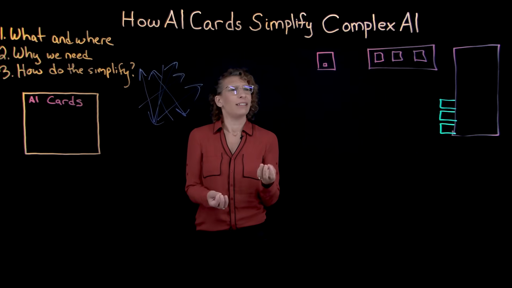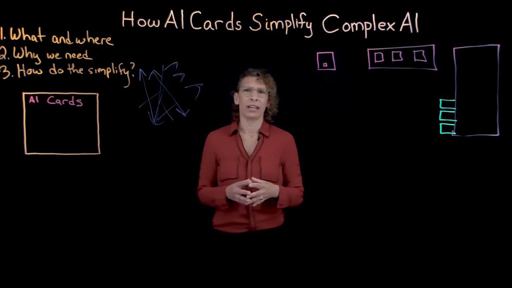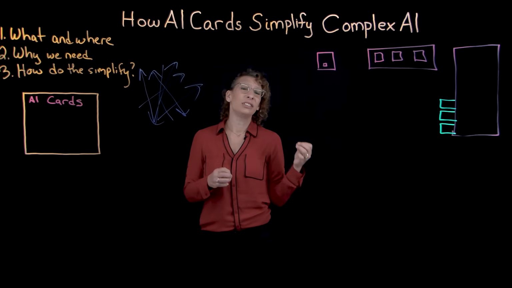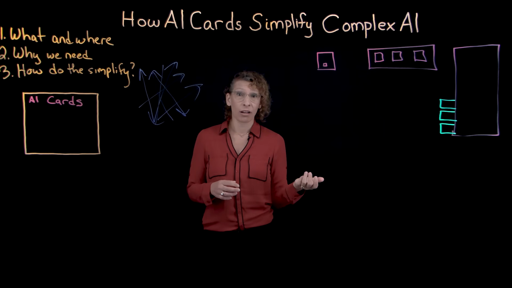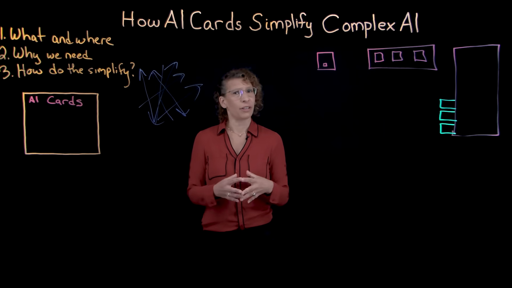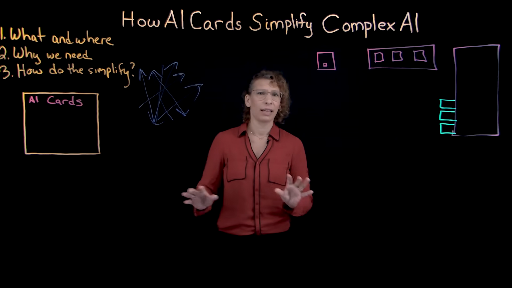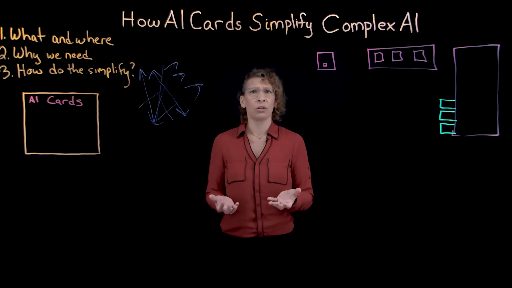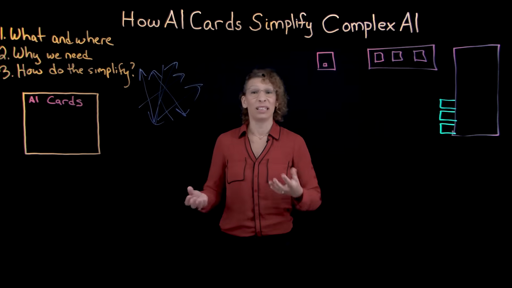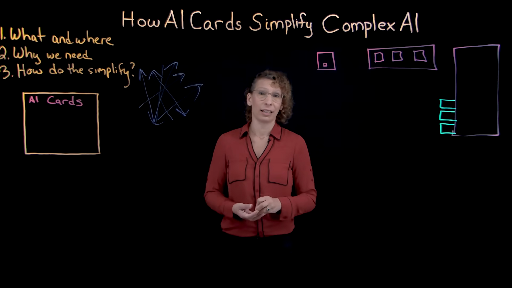A question I often get asked when we get to this point of the AI card conversation is, what's the difference between a card and an accelerator? Are they the same thing? And the answer is they're actually not. When we talk about AI cards in general, what we're speaking of is anything that's being used to accelerate AI.